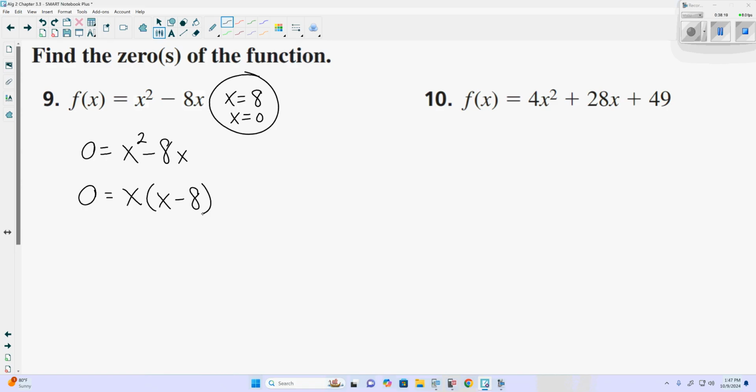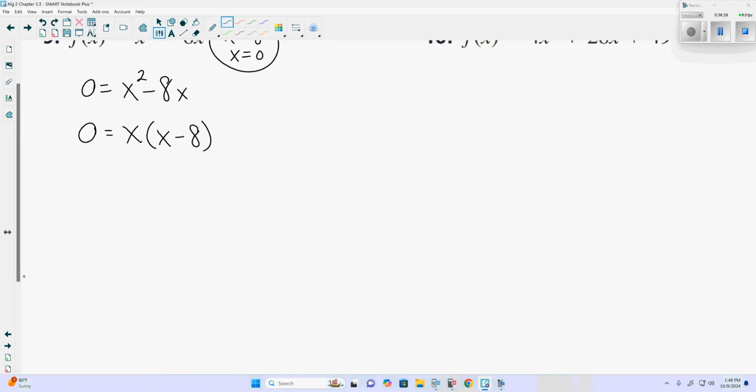Because if I factor an x out of x squared, we get x. If I factor the x out of 8x, we just get 8. Questions on that there? Because this is one of the first ones where we didn't have a constant term, a number without a variable. So we can factor that variable out.